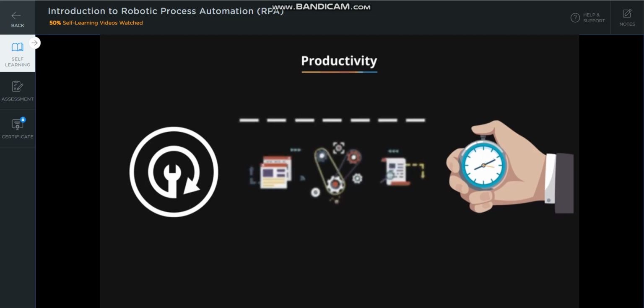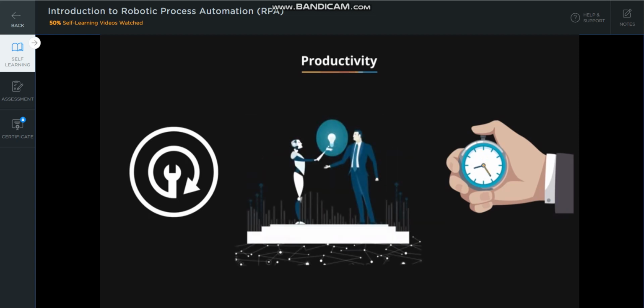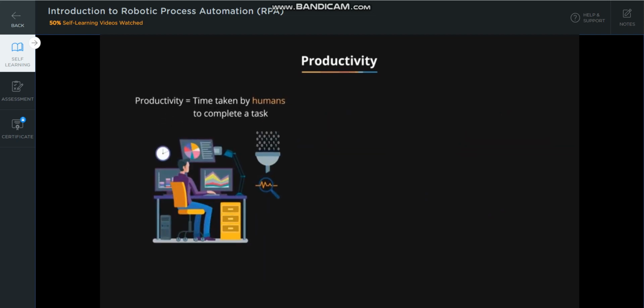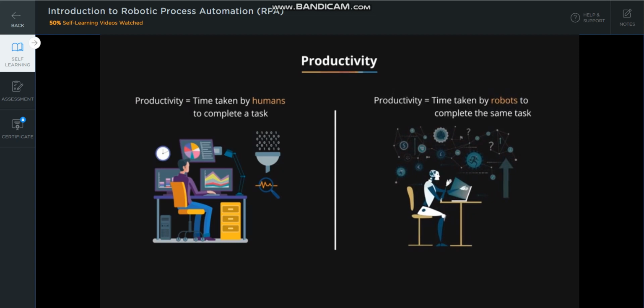Research has shown productivity savings up to 1,000%. That's right, 1,000%. Robots bring efficiency and effectiveness to scalability. Productivity equals measuring the length of time human employees spend on a task versus how quickly robots complete that same task.